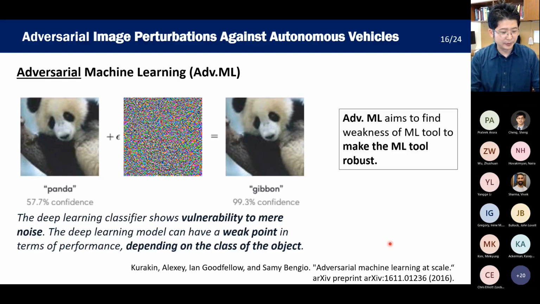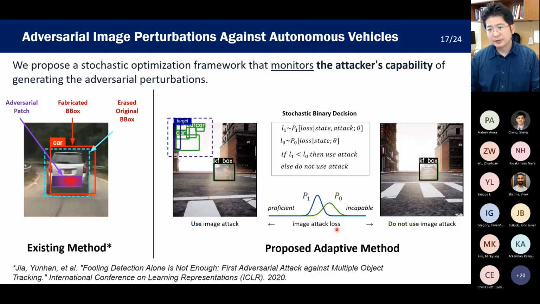Basically, if you have an adversary and use this framework with the adversary, then you have an opportunity to robustify the machine learning tools. What you see here is that by adding a small perturbation, you can make the machine learning classifier confused. And there are many papers published in this direction.